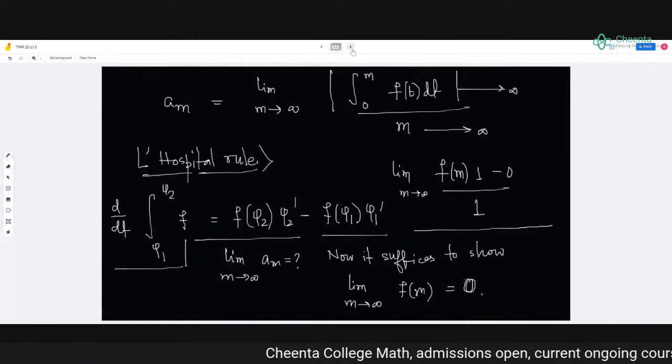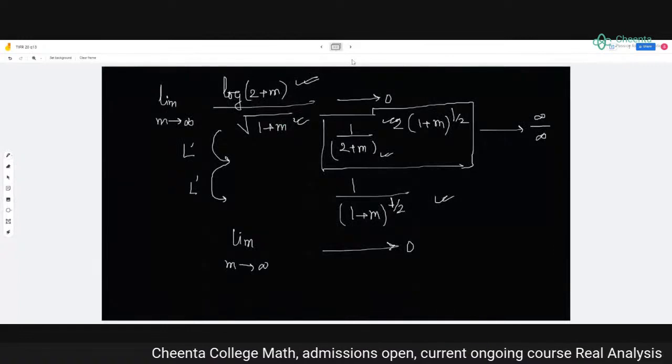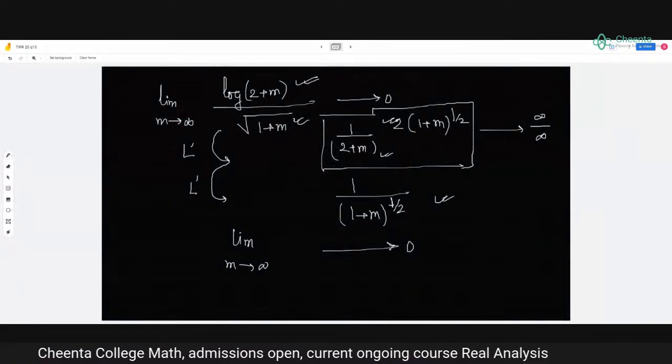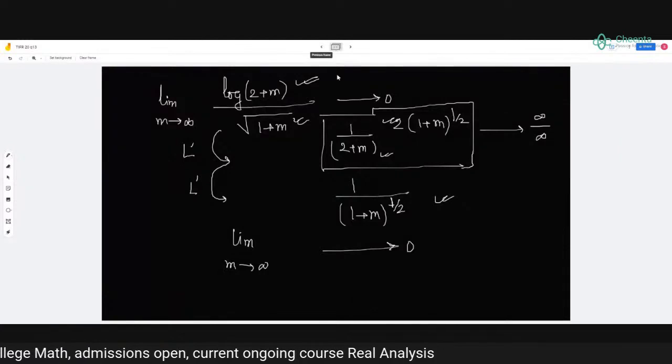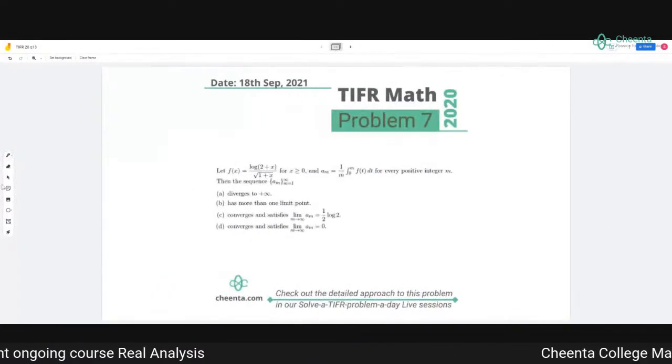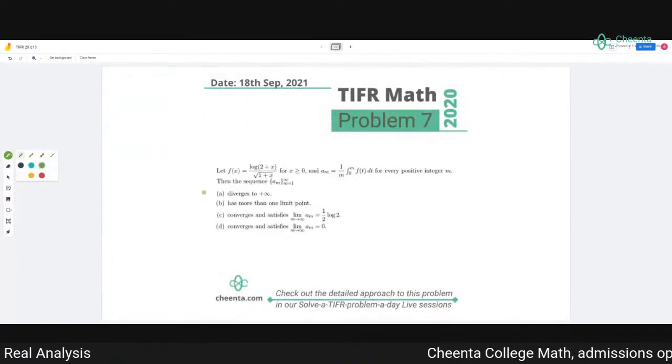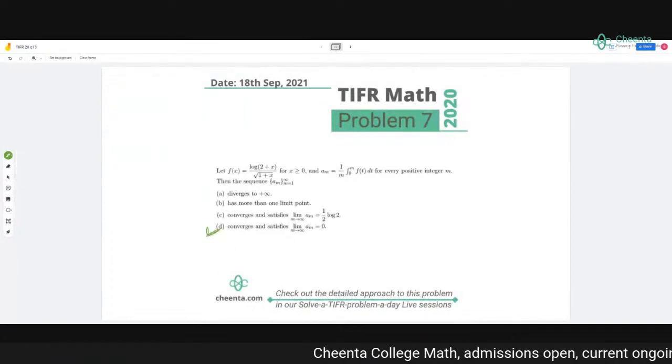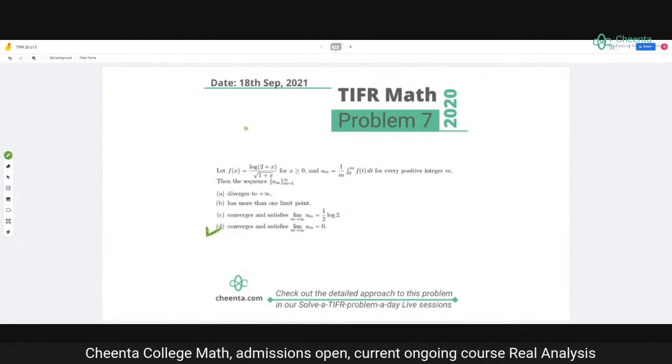After that it's just basic plus two level L'Hospital rule usage. Okay, so hence the solution to this question is option D, that's the solution.